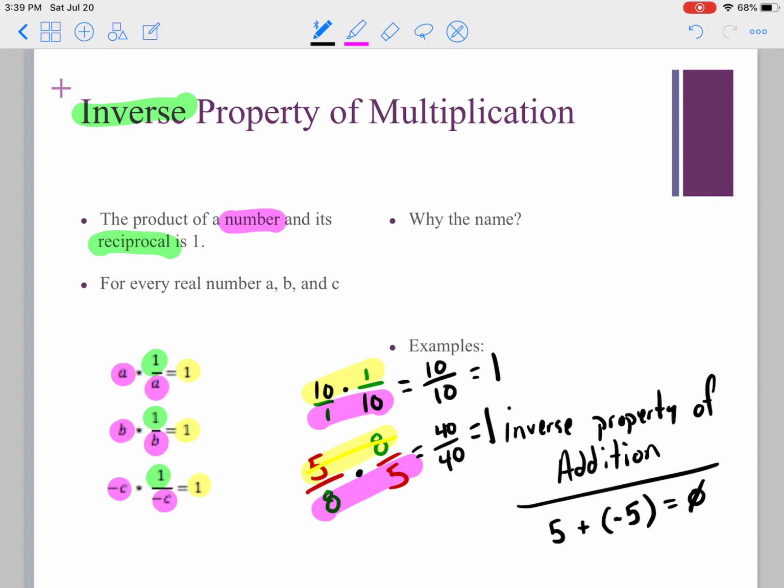So that is why the inverse property shows that the number and its reciprocal, when multiplied, will have a product of 1. Please, once again, do not confuse that with the inverse property of addition, which is a number and its opposite added will equal 0.